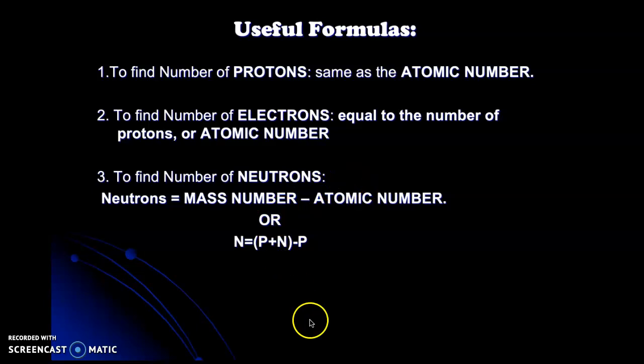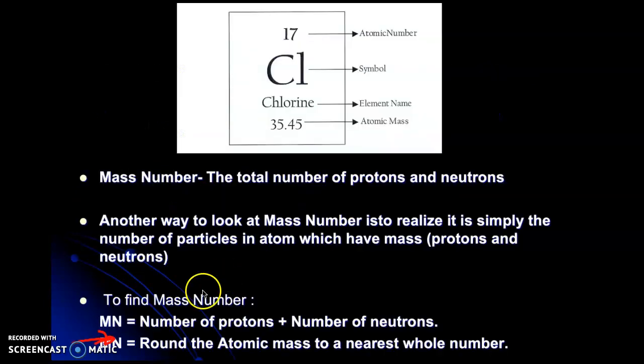Now that last note that you see at the bottom of the page, that's just kind of a joke, because guess what? That's the math that you're doing. So really, this equation that I have right here, the neutrons is mass number minus atomic number. If I review here, oh my goodness, look at this. Mass number is the protons plus neutrons. I'll repeat that for emphasis.